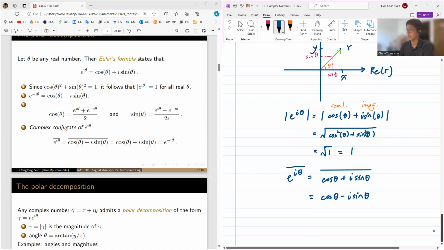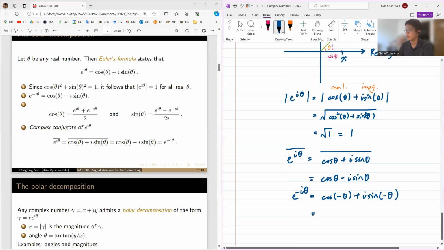If we look at e to the negative i theta, we will get cosine negative theta plus i sine negative theta, so here we will have cosine theta minus i sine theta. This tells us that the complex conjugate of e to the i theta is e to the negative i theta.